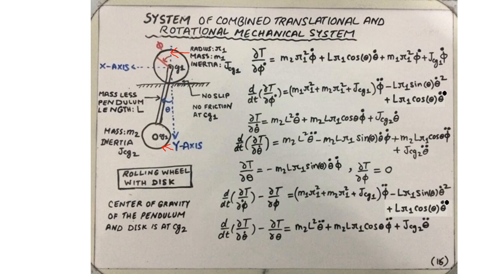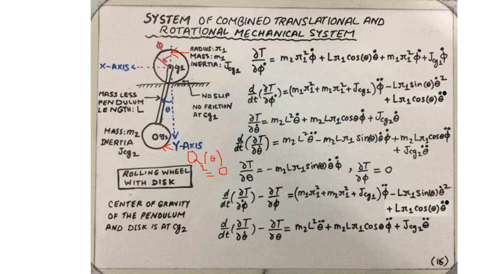But in the problem setup, no such torque has been given. So we can simply assume that the loading, Q of theta, is equal to 0 because no loading has been given.